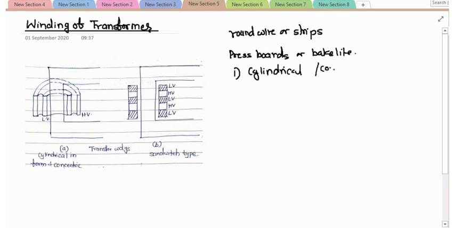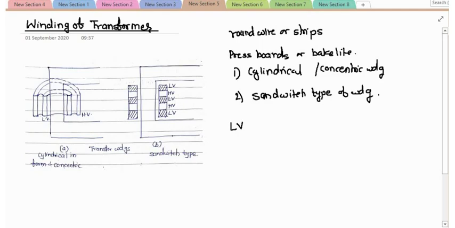or concentric winding, and the second type is nothing but your sandwich type of winding. While placing the cylindrical coil concentrically around the particular limb, the one which is designed for low voltage, LV, is placed near to the core.